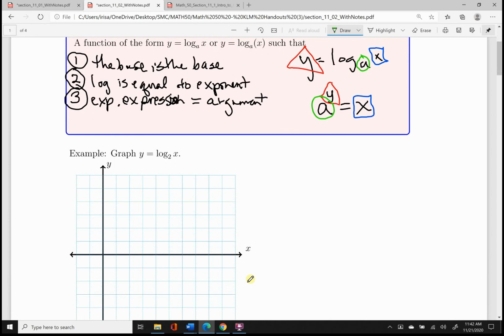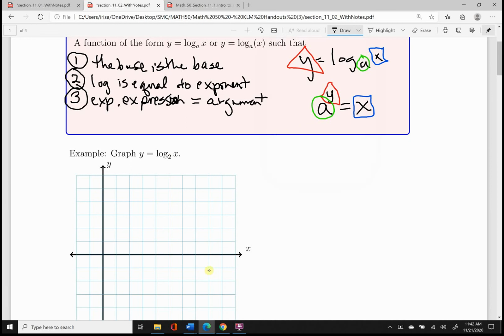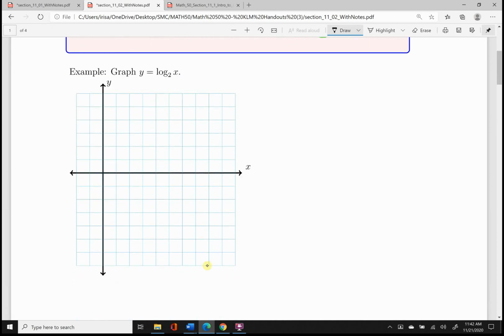So here we go. We are slated with graphing y equals log base 2 of x. So this is equivalent to the following. The base is the base. So the base of 2 on the log is the base of 2 in the exponential function version.